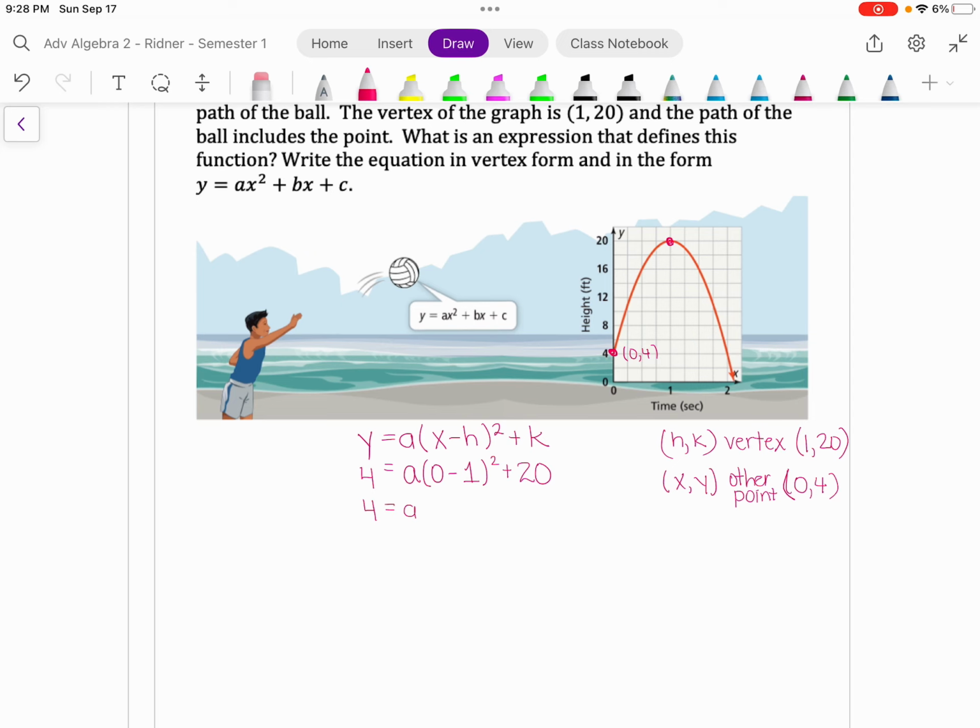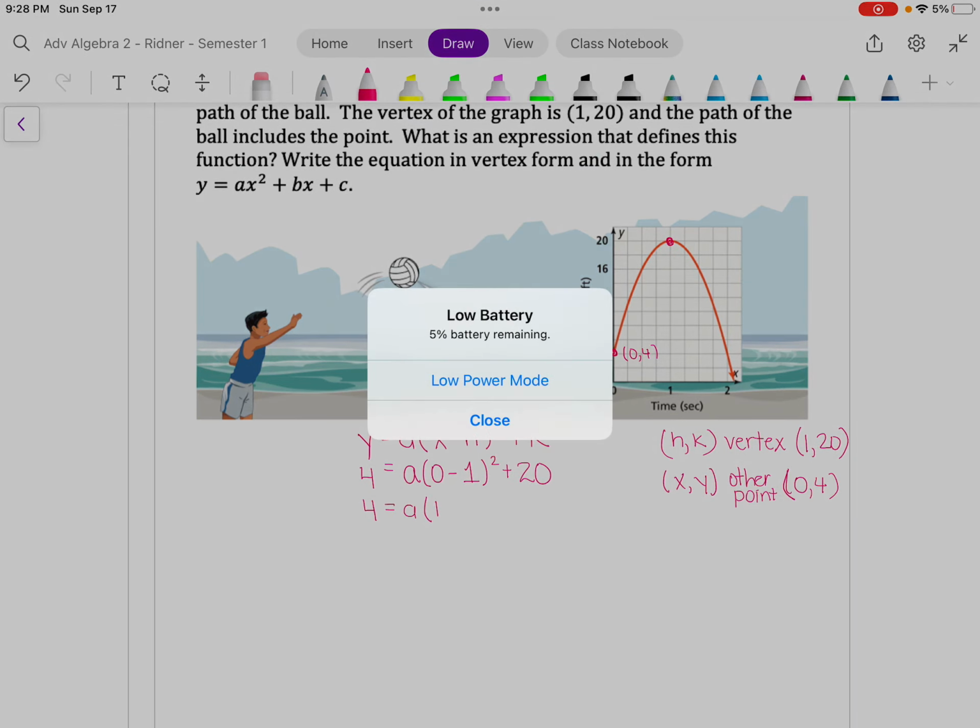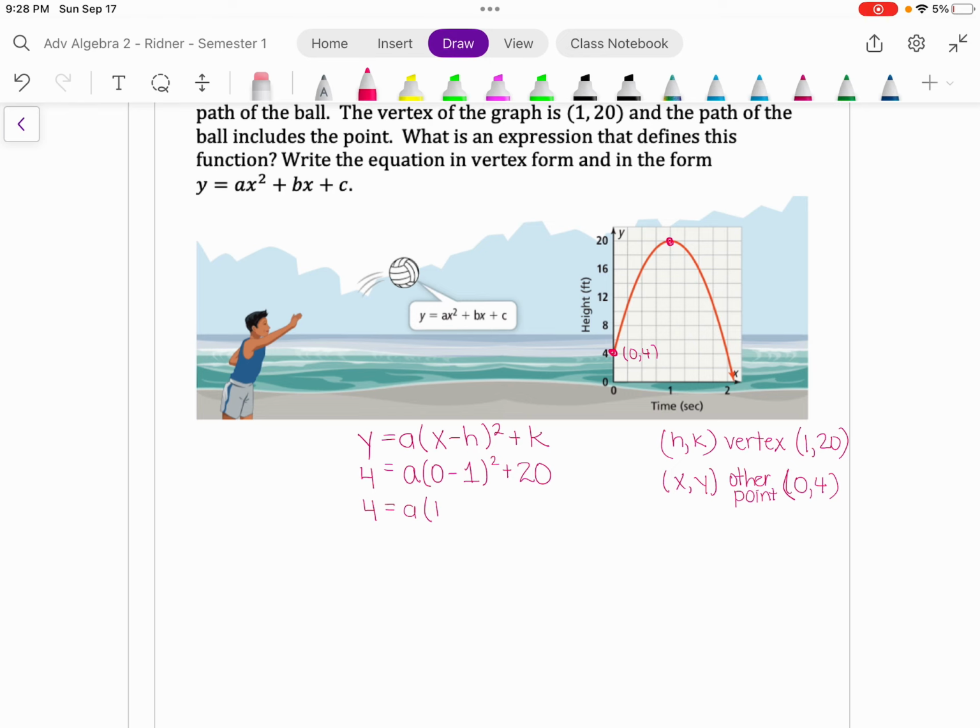So 1 squared is 1. And then plus 20. So now I'm going to solve for a. So minus 20 gives me negative 16 equals a. So it does have vertical compression.